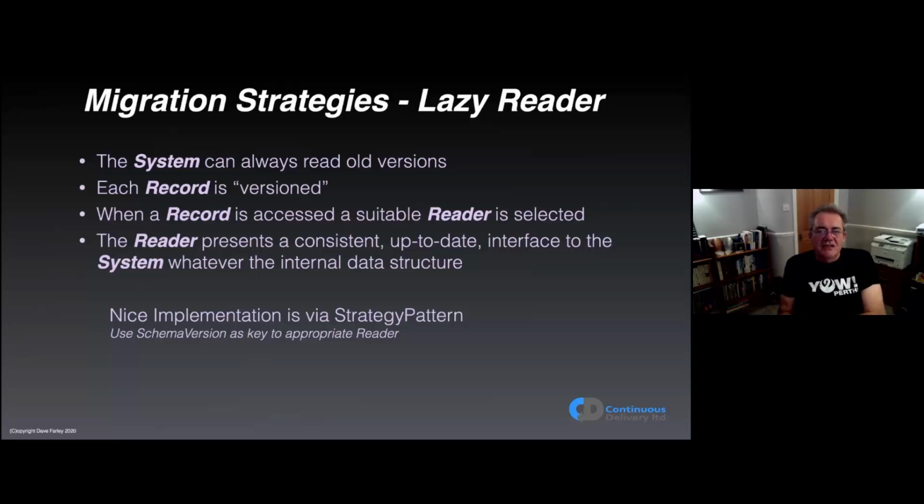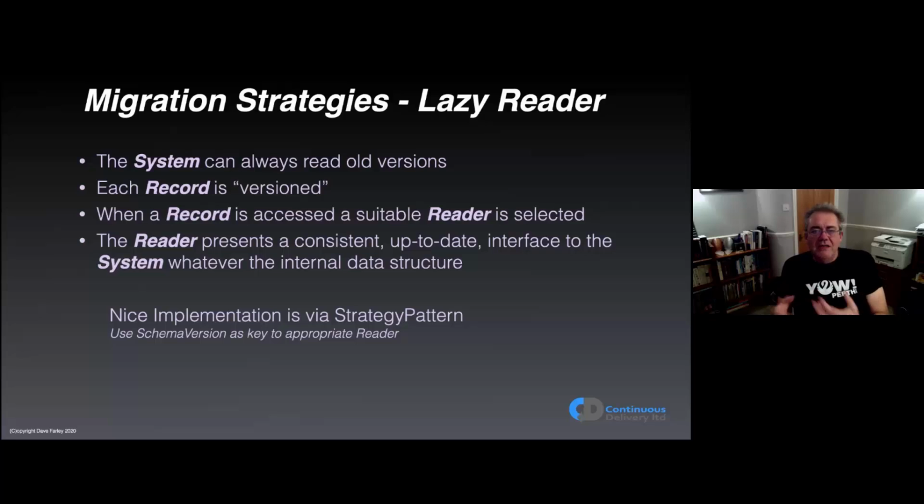The system can always read old versions of the data, always. Every single record is individually versioned, so every record has a version number associated with it. When a record is accessed, the system at runtime selects an appropriate reader to translate that version of the record into the current usable system view of the world.